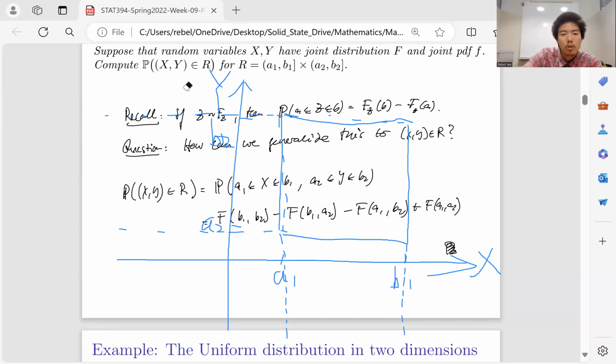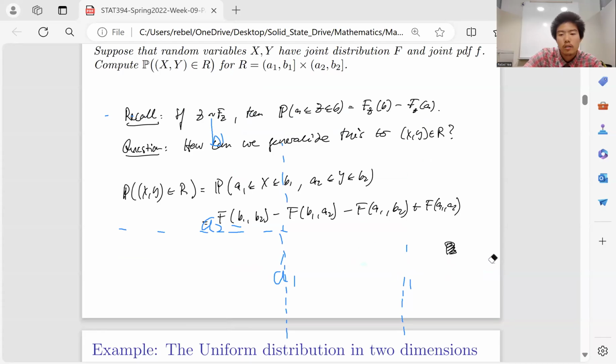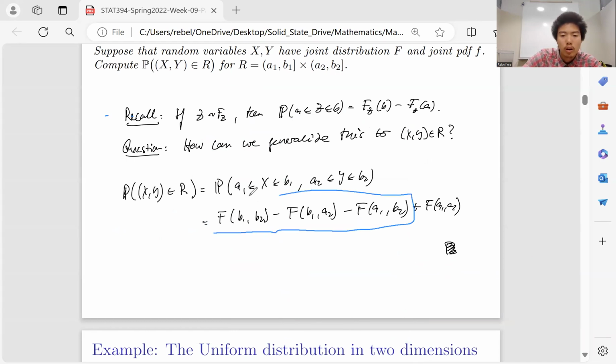So what we are left with is: we subtract the two terms out and we add the A1, A2 corner back. That's how we solve this problem.